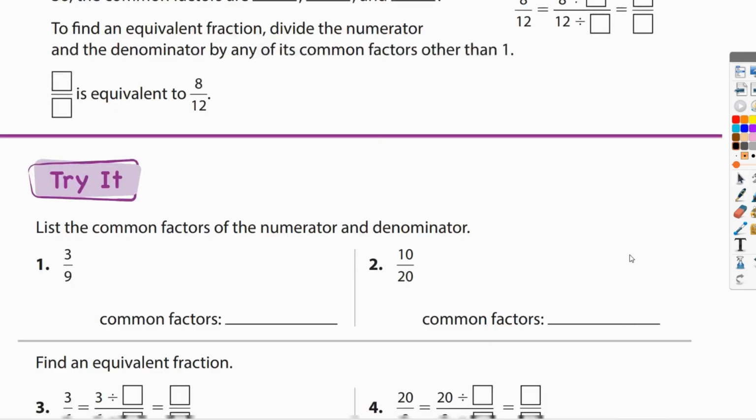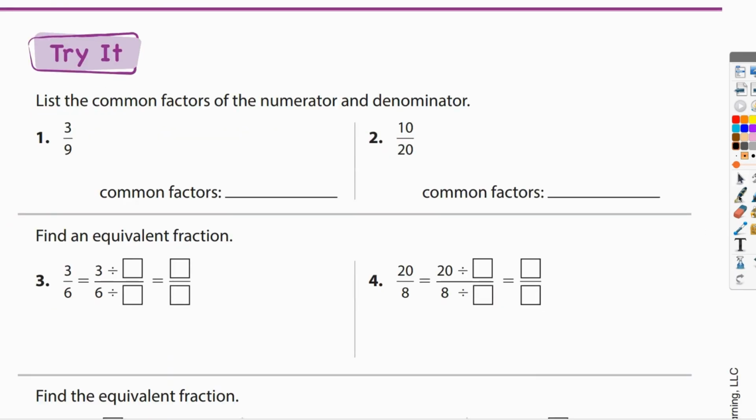Let's go to the next one. Let's go to the try it. List the common factors of the numerator and the denominator. So first of all, let's start with the 3. What gives me 3? 1 times 3. What gives me 9? 1 times 9, and 3 times 3.